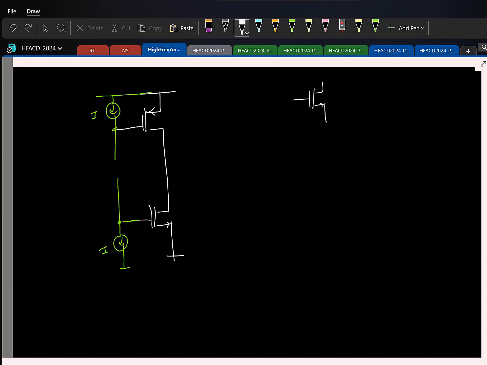Remember, this has to be a DC drop. It should be relatively constant DC voltage drop. Can you think of a way in which I can get a relatively constant voltage drop across transistors? I have a current source here, so think about it.